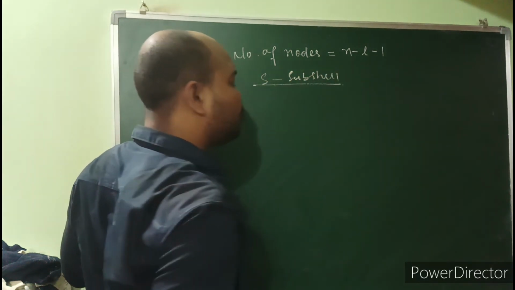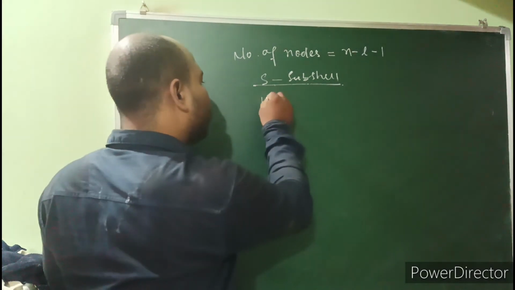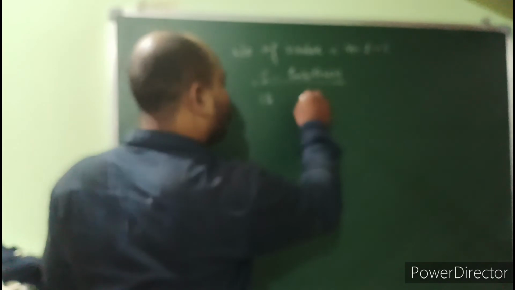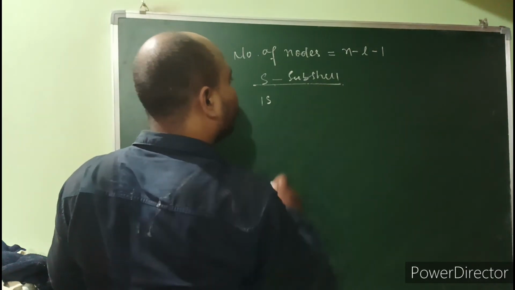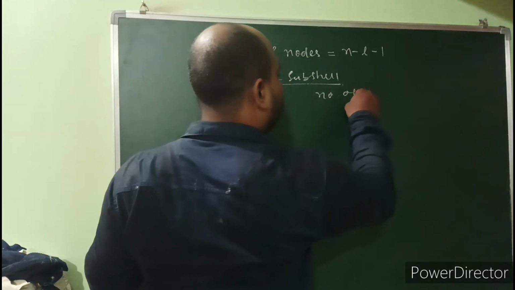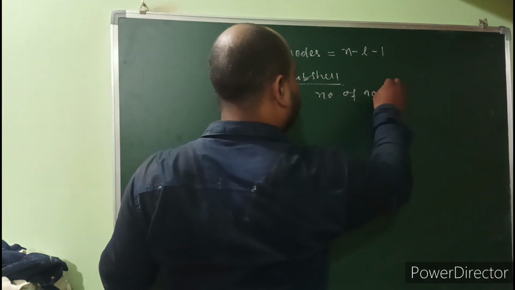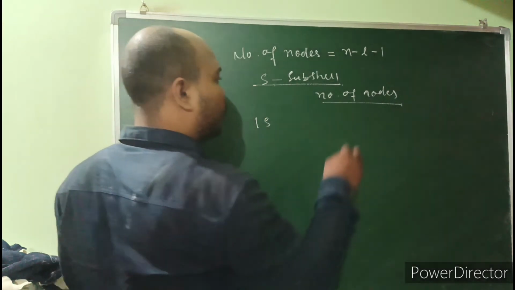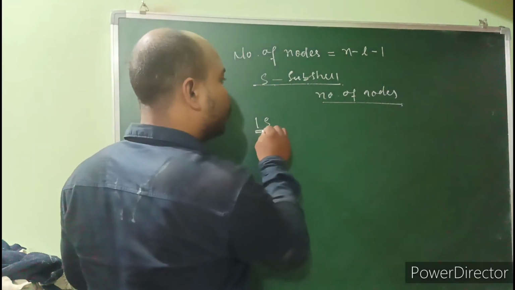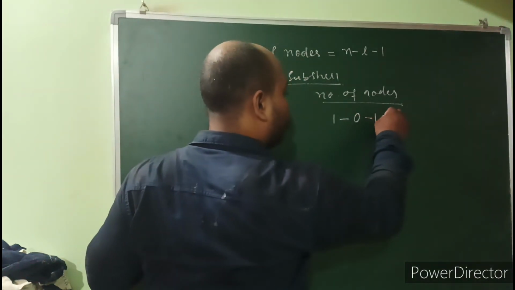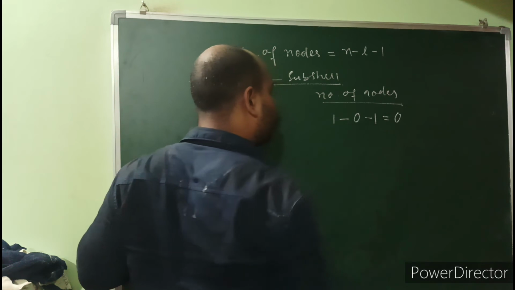So for determining nodes in the S subshell, first take the 1s orbital. I am writing the number of nodes: for 1s, n value is 1 minus l value is 0 minus 1 equals 0.